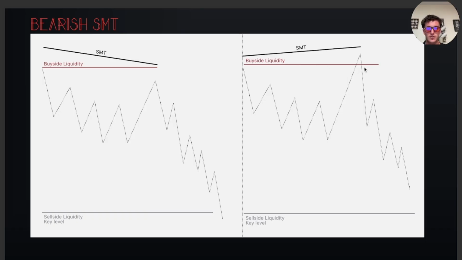But also pay attention to this. This is why it's very important to understand why it's better to short the weaker asset than the stronger one.